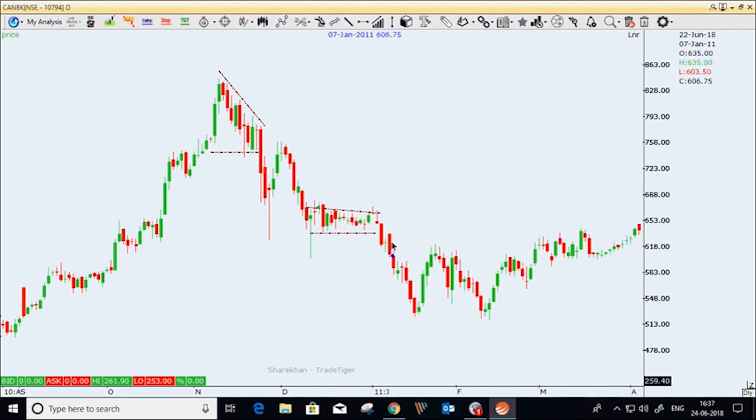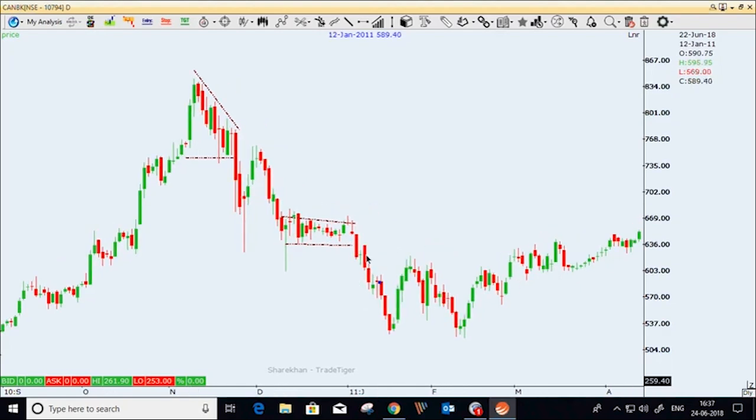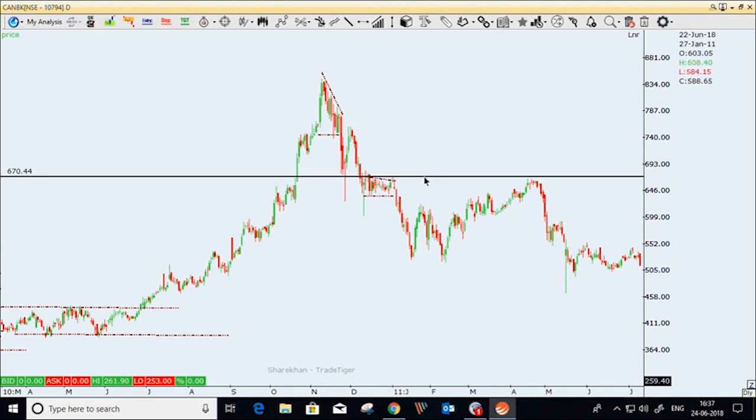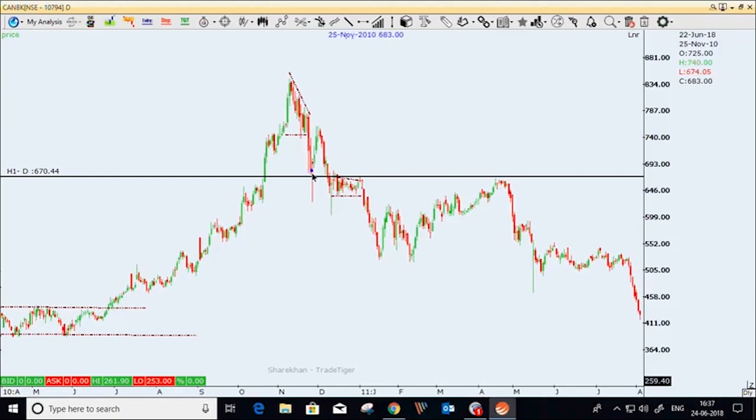Here it tested the distribution, dropped, and thereafter price moved up to the distribution again. So from distribution to distribution, price moved up and dropped again. I think there is also a small accumulation here, and price is moving up from this accumulation.